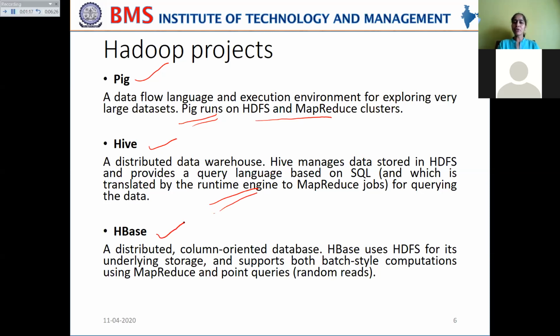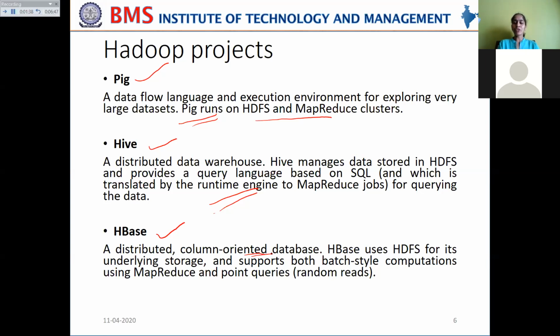And next one is HBase. This is a distributed column-oriented database. What is the advantage of this column-oriented database? In normal databases, you have to store particular data according to a particular schema. Say if you don't have some data under an attribute, that has to be left empty.